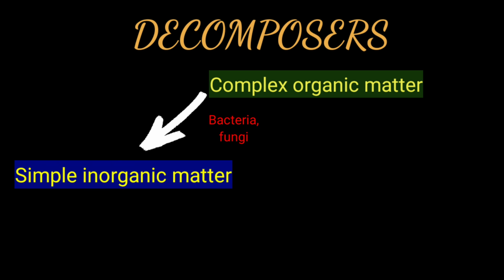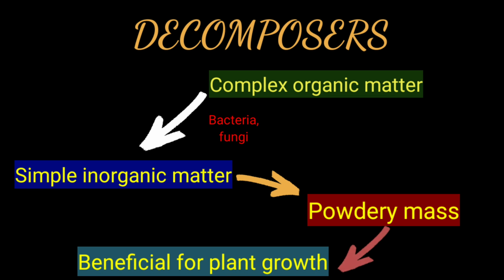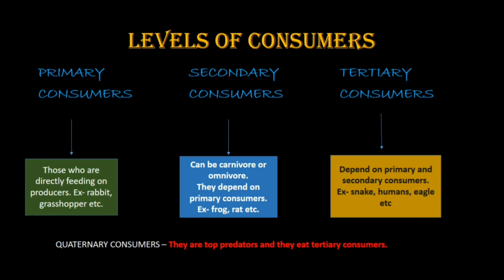After this conversion, the material is converted into a powdery mass, which is very much beneficial for the growth of the plants. Or you can say that it is used as a manure also. So producers are again using that matter. In this way, the decomposers play a crucial role in converting the dead remains into very useful product that is used by the producers for producing the food. So this was about the levels of the consumers.